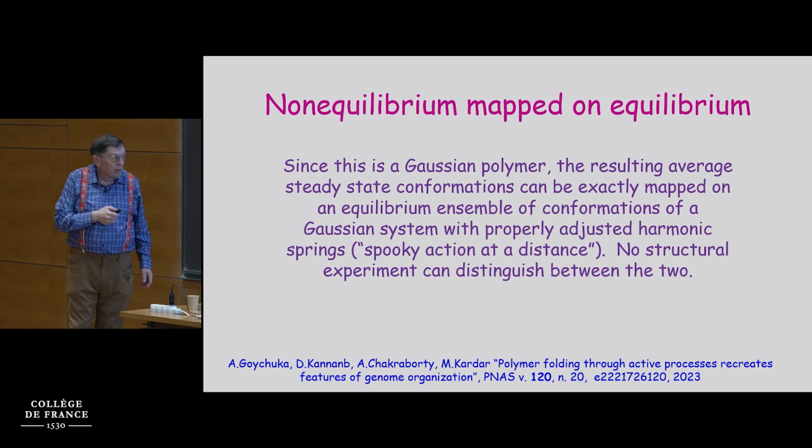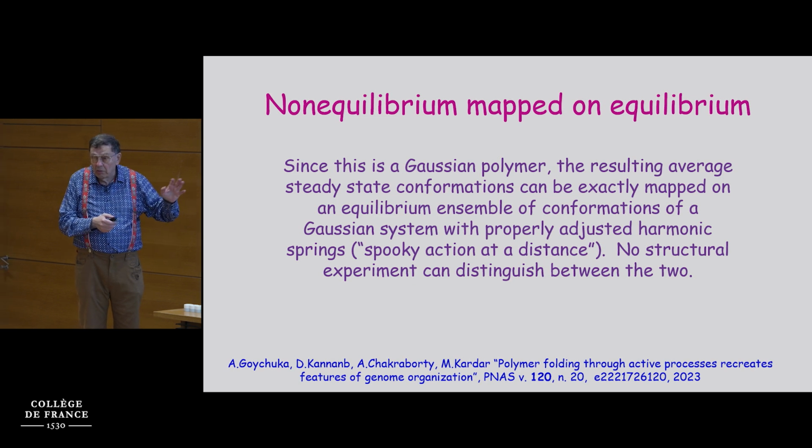So these people here showed exactly, without any approximation whatsoever, that any steady-state solution that you obtain by solving the Langevin equation or Rao's model equation is exactly mapped onto a particular equilibrium Gaussian model with a properly chosen distribution of springs.